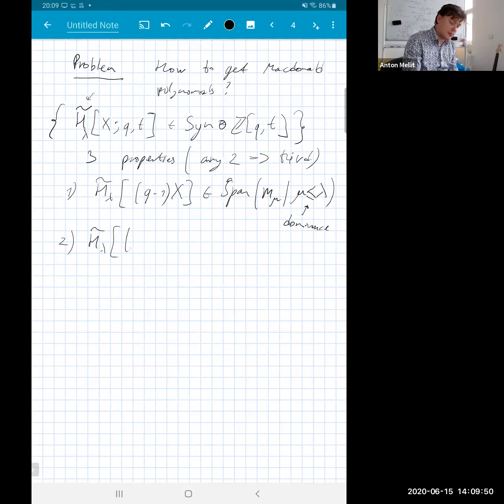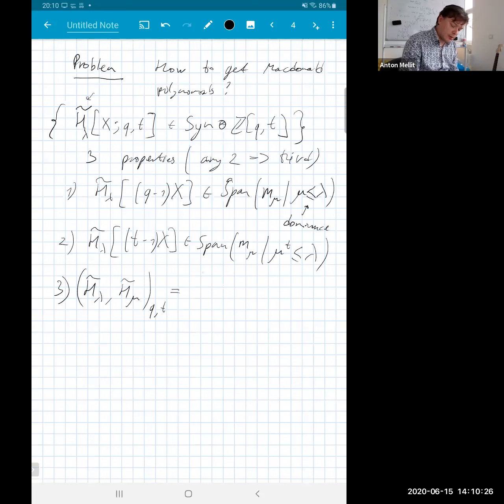Then there is a similar property where you use transposed partitions, and they are orthogonal for the qt modified scalar product, where fg qt equals f of, now you have a term in q and t.